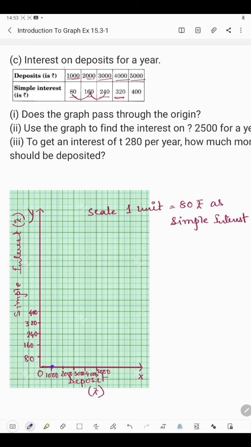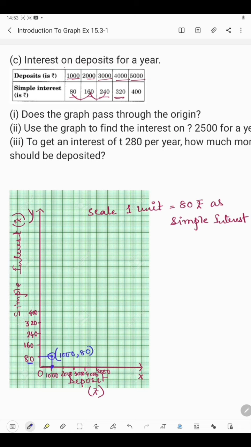Now to get the interest of 80 rupees, you will have to go upwards to the y-axis, then only you will get 80 rupees as interest. So here the coordinate is: first is the value of x, which is 1000, and second is the value of y, which is 80.